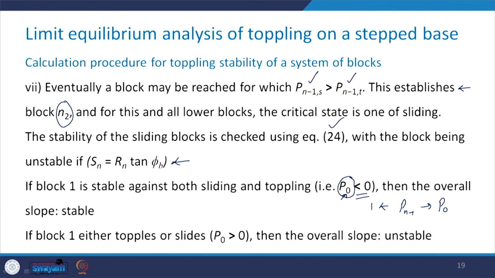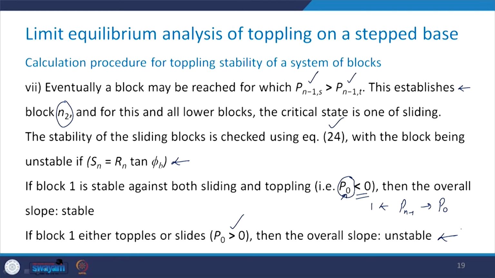Now, if this block 1 either topples or slides, that means if this P0 is greater than 0, then the overall slope is going to be unstable. So, this is how we can find out whether the slope is going to be stable or unstable.